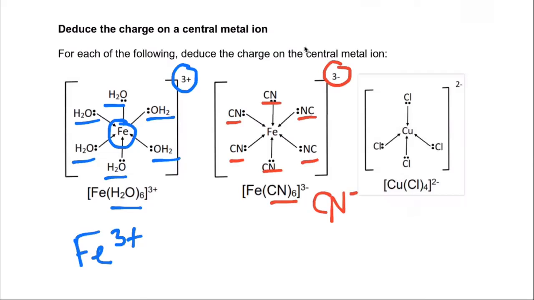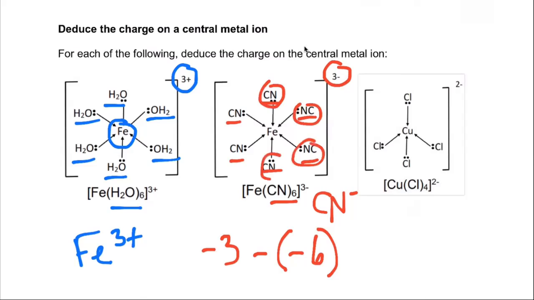I have to take my charge, which on this one is 3-, or -3, and I have to subtract the charges of the ligands. So in this one, I would be subtracting -6, because each cyanide is contributing -1, and there are 6 of them. So that's a total of -6.